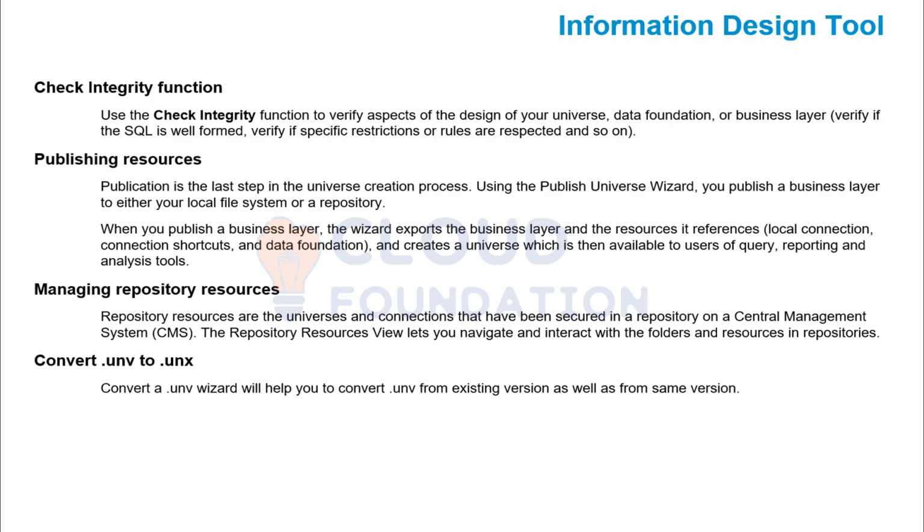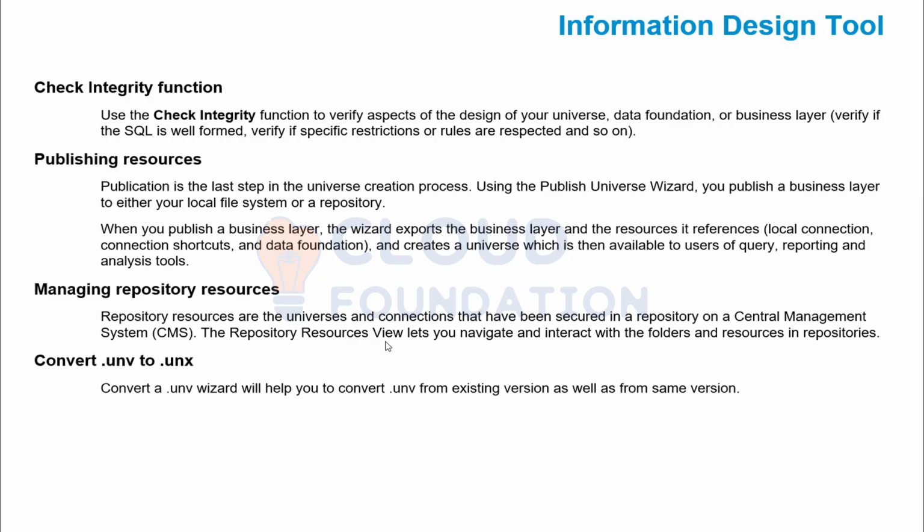If that CMS server is up and running only, then we can access our BO resources from our development side. For this also we have three servers for three different systems, like development, quality, and production.